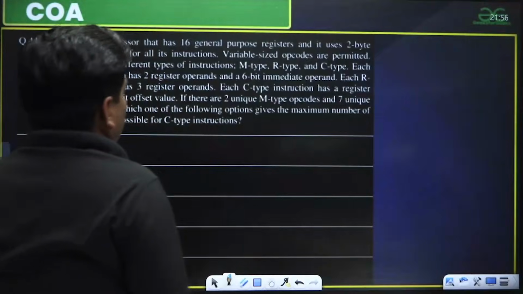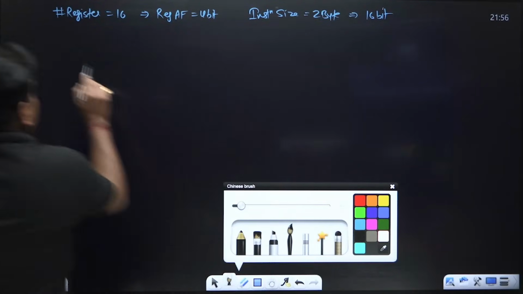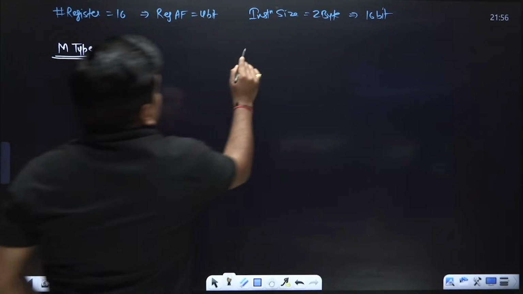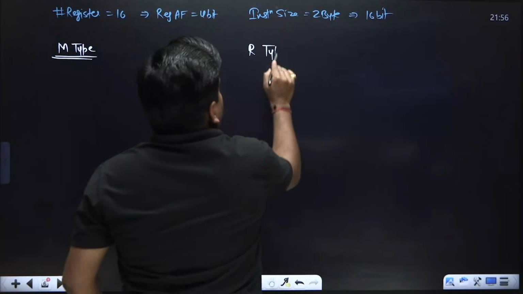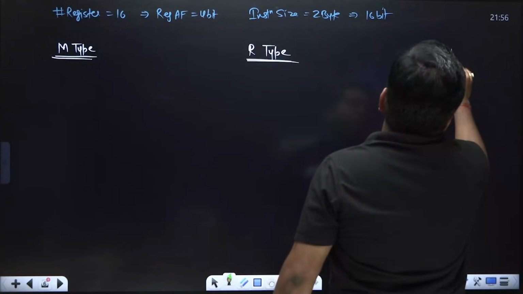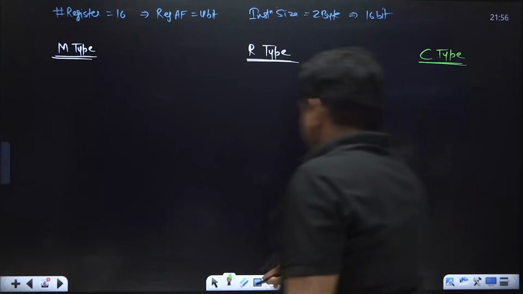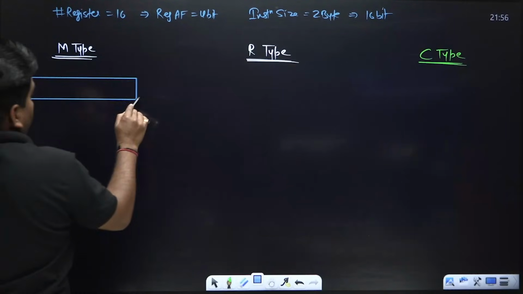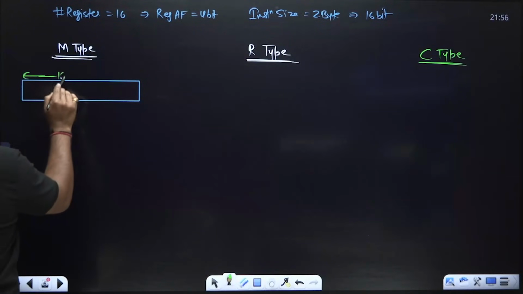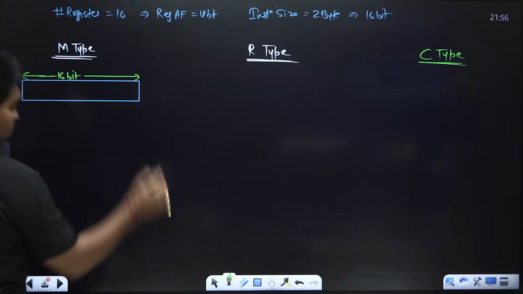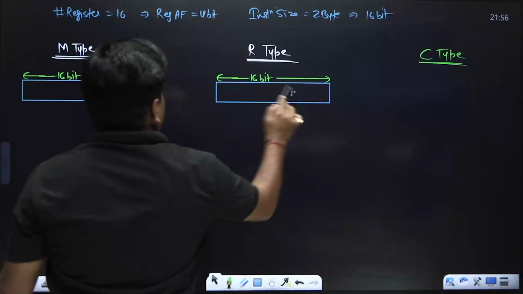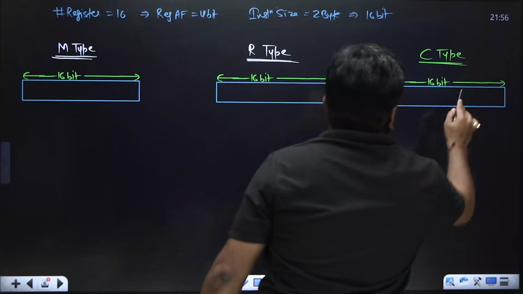We have M type, R type and C type. We have an M type opcode and instruction format, R type and C type. This is 16 bit, this is also 16 bit, and this is also 16 bit.